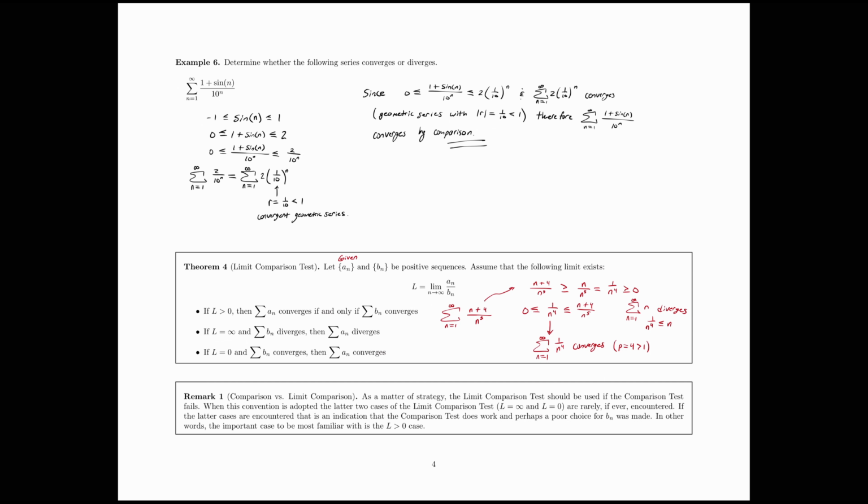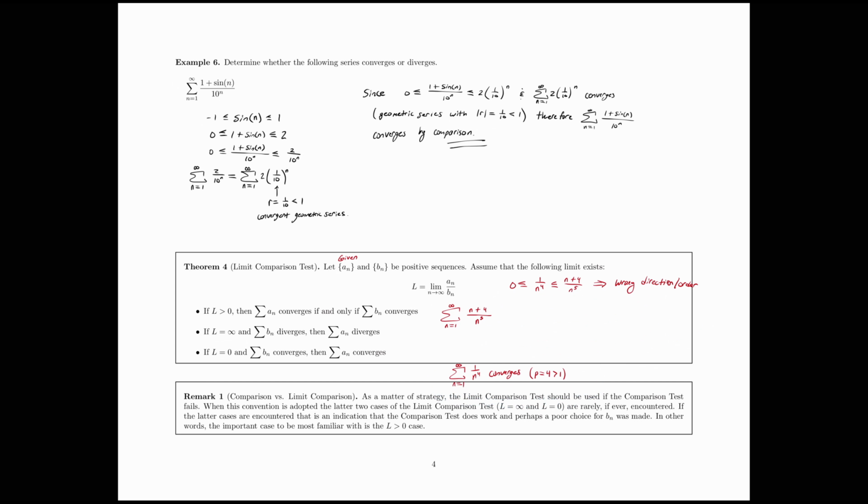Let's actually finish this one off since this is a pretty good example. Here's the inequality we found. It was in the wrong direction, or order. We already know that this series converges, but what we have to do is calculate that limit.